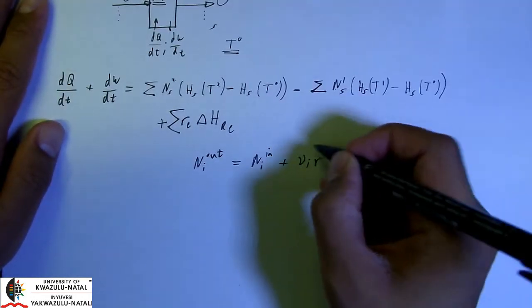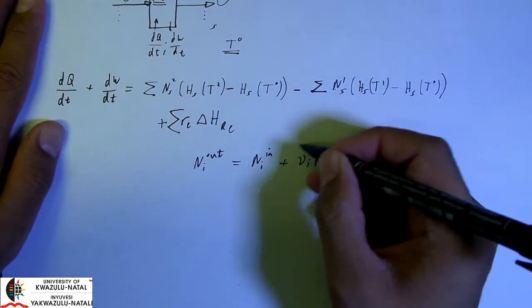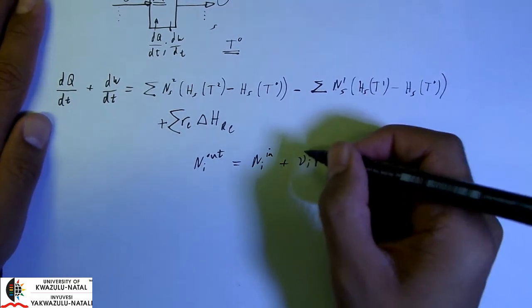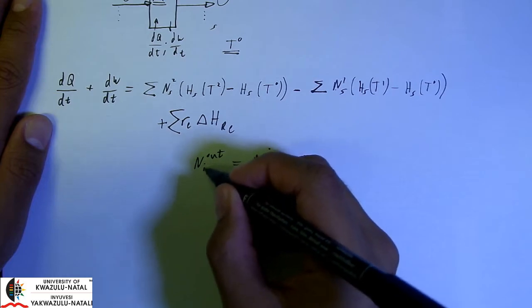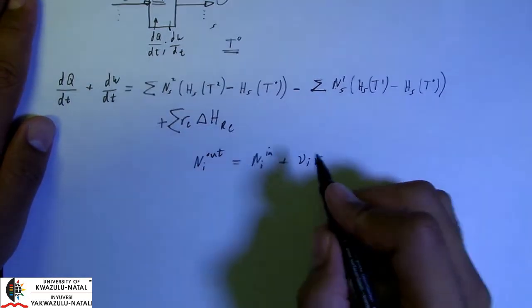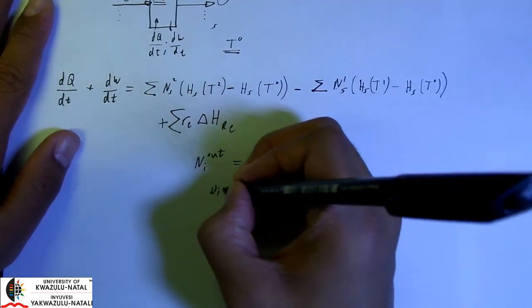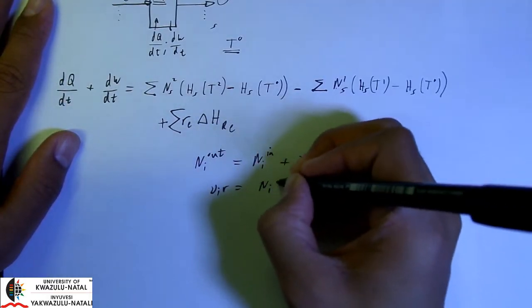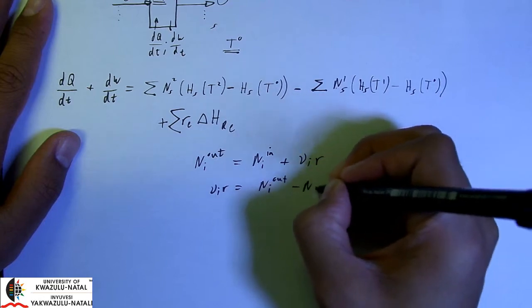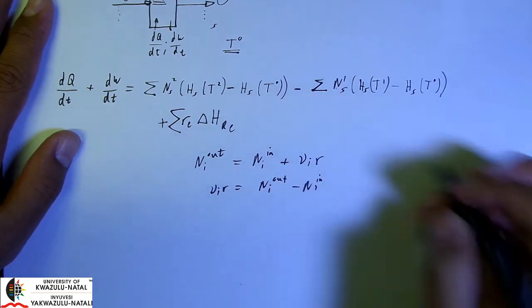Now this in reality is simply our production rate or consumption rate, depending on whether our species is a reactant or a product. So this viR is simply equal to Ni out minus Ni in.